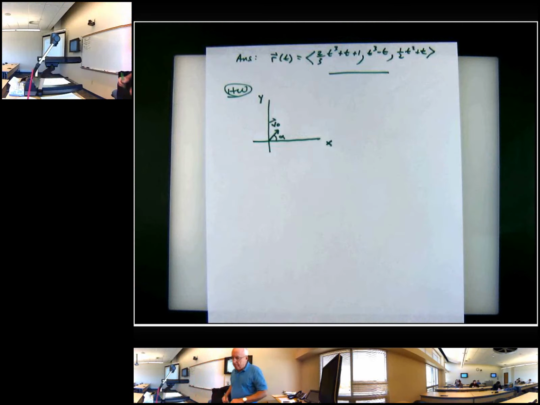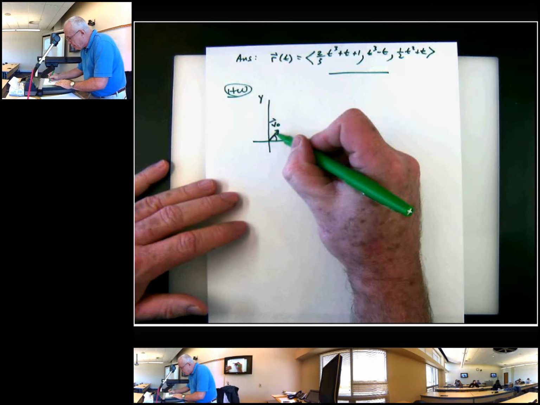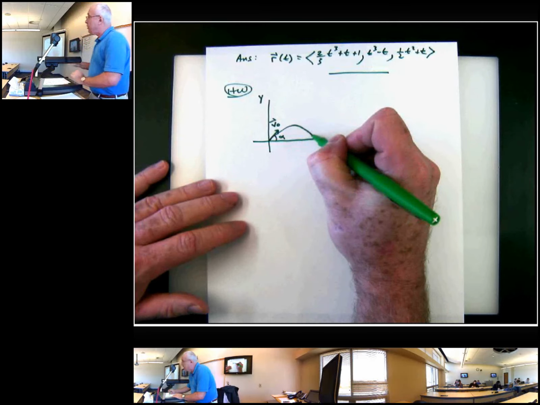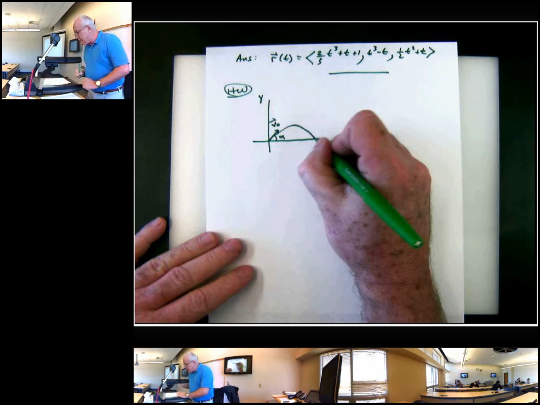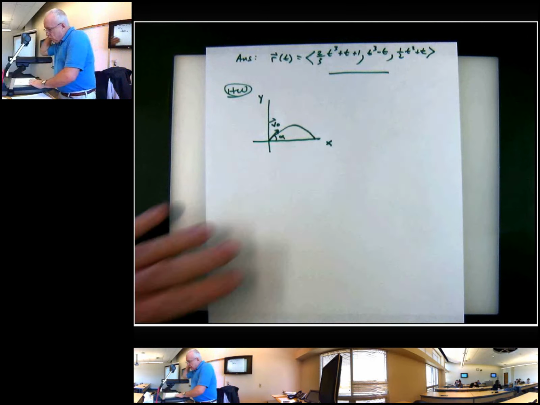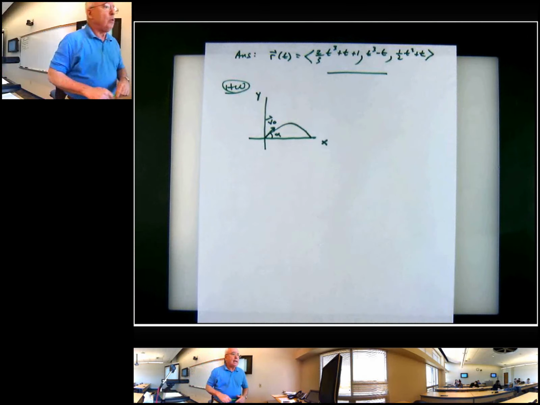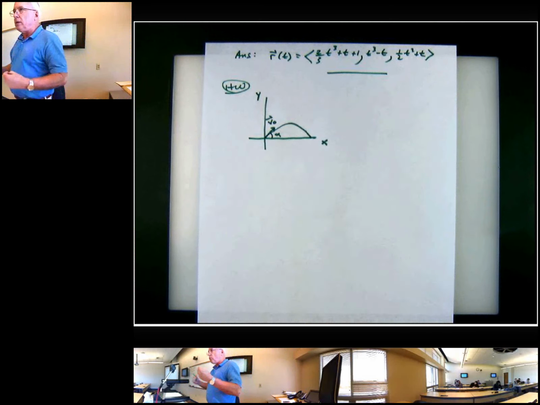All right? Now, this projectile goes up, and then of course it goes back down again. And then it hits the ground at some point. Now, we're going to assume that the only external force working on this is gravity.